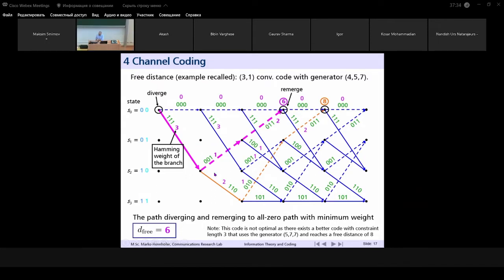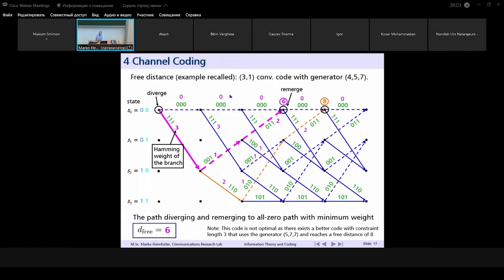Of course, there are also other sequences diverging and remerging at the all zero sequence. For example, here this orange one, going back one time step further, with 8 bits being different from the all zero sequence. So this is why we cannot really use this free distance in exactly the same way as we use the minimum Hamming distance.